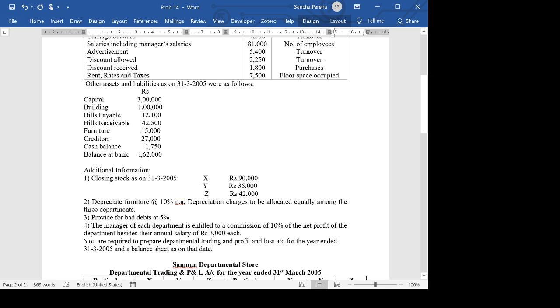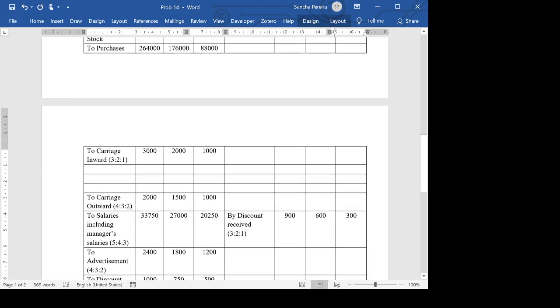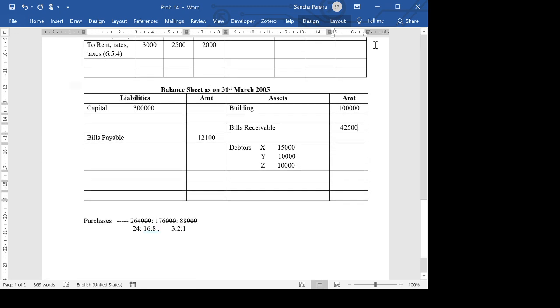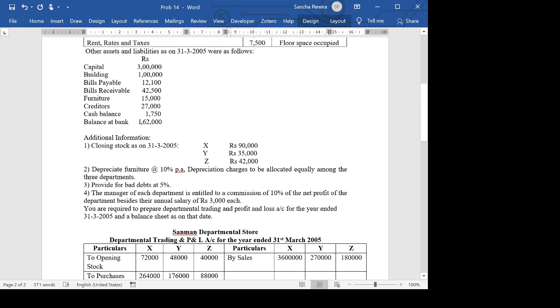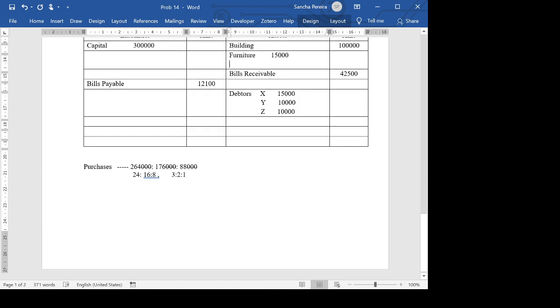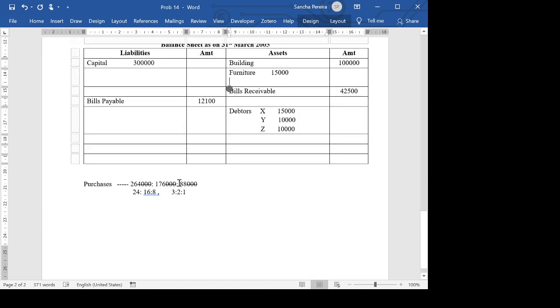Then there is furniture 15,000, and this has depreciation. Furniture 15,000. This has depreciation, so I will write it in the inner column. I will have to show the depreciation. Creditors 27,000. Write creditors here. Creditors 27,000.